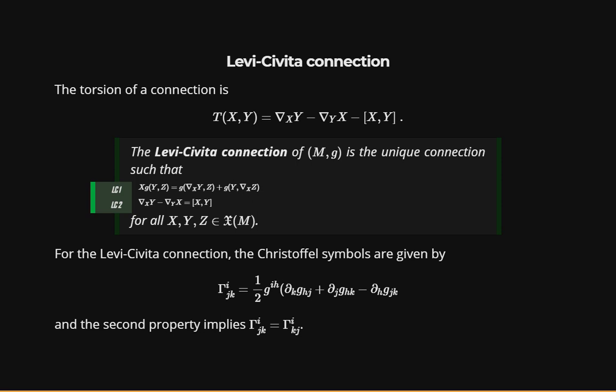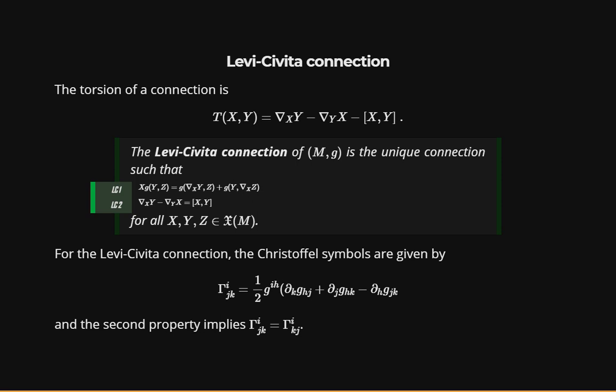And there is only one connection that satisfies both, which is the Levi-Civita connection. I mean, it's not that everyone everywhere works only with the Levi-Civita connection, but in many applications it's the only sensible connection to use.